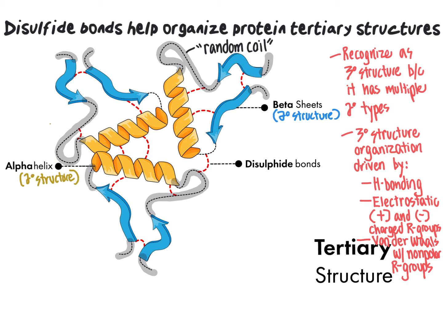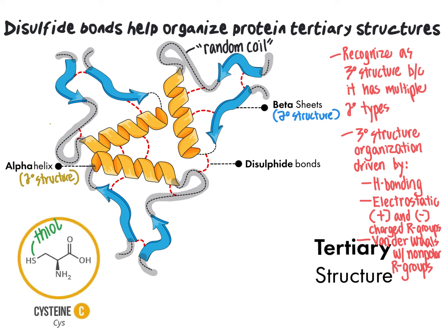Another type of phenomenon that happens within proteins to help organize them into tertiary structures is that many proteins have multiple thiol groups. Thiol groups were SH groups. SH groups are the R groups, the variable group that you find on a cysteine amino acid residue. And what happens with those cysteine residues is that, back in our thiol unit, we learned that SH can be oxidized to form disulfide groups, where we have a sulfur-sulfur bond.